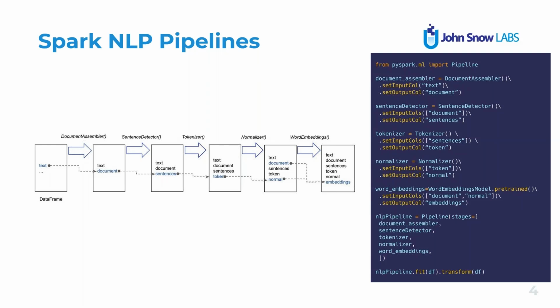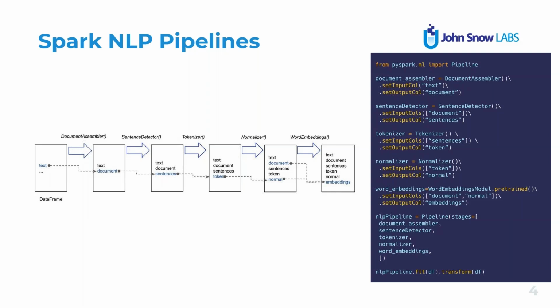And then if you need to split into tokens, you use a tokenizer. And then you can also normalize it to remove unwanted text, or you can remove stop words, you can correct typos, and so on. You can apply any stages that you need. You can also add word embeddings to your pipeline, and then you can just create your own pipeline.